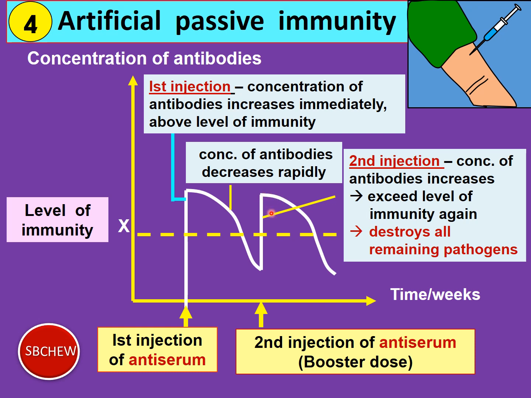Okay, so the person will have temporary immunity from the disease, and the level of antibodies decreases very fast compared to artificial active immunity. So the graph is something like a shark's fin underwater. So remember the shape. This is for artificial passive immunity, the shark's fin shape, right? For artificial active immunity, the graph is like two peaks, one lower and one higher one.